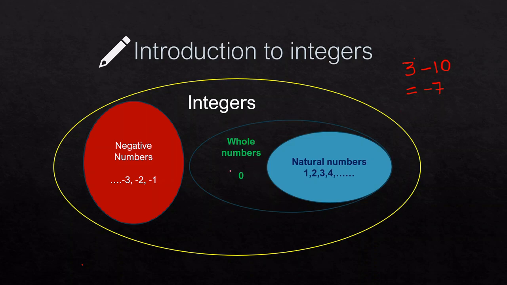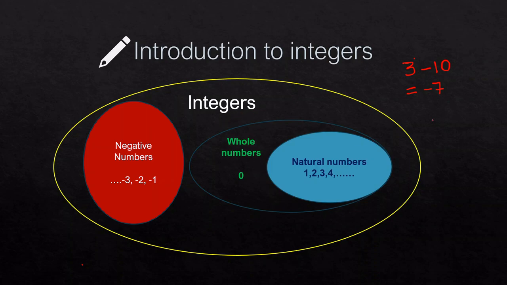So whole numbers do not contain these negative numbers, but we have to keep all these numbers under one group: whole numbers, natural numbers, and negative numbers. So how can we group these three things? We can group them under one umbrella, that is known as integers.